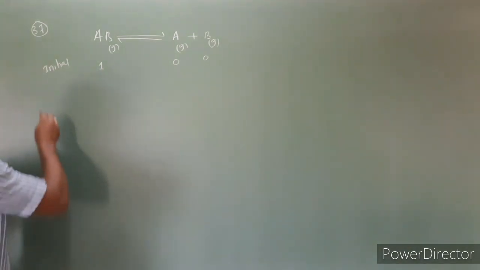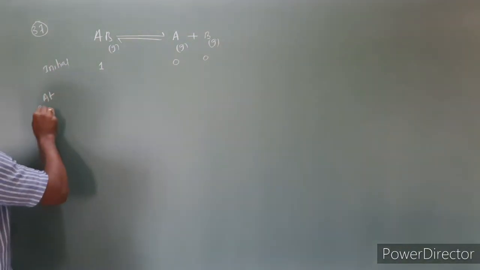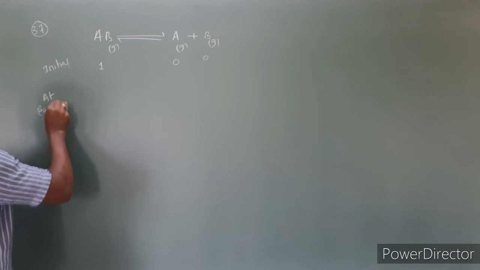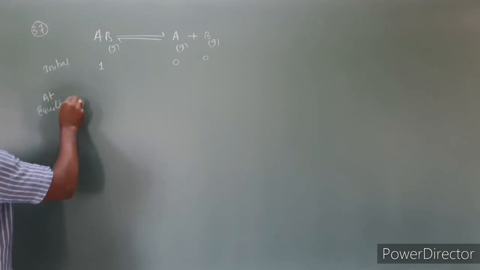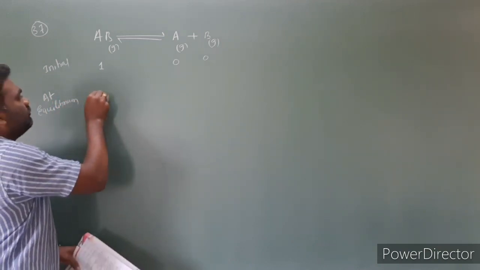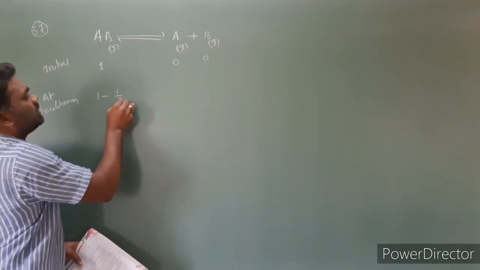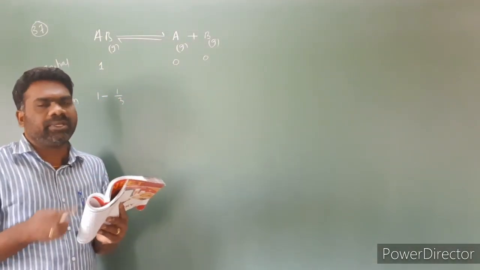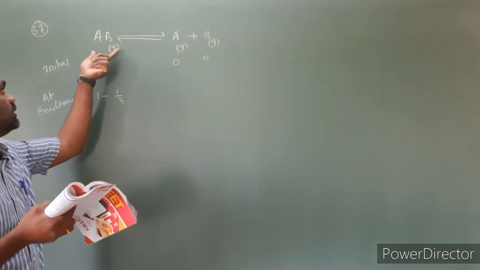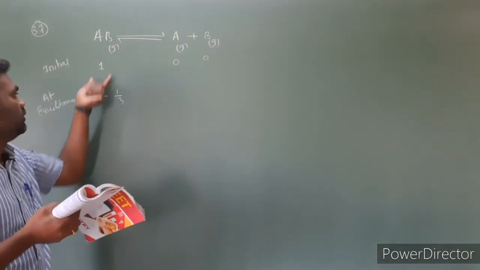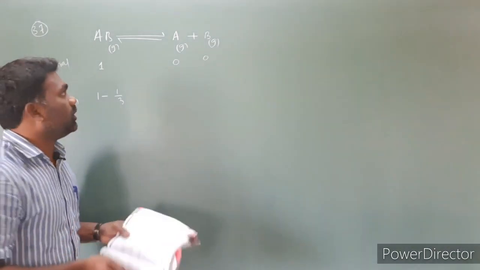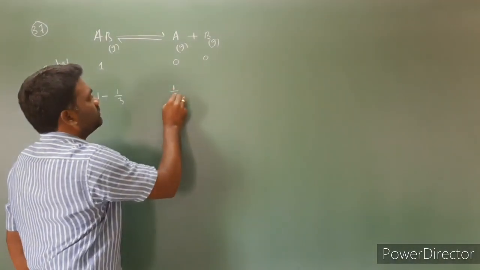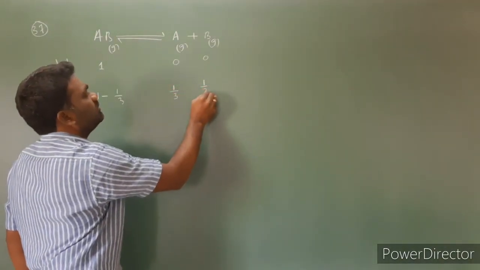Next, at equilibrium, AB will be 1 minus 1 by 3. Look at the statement: the pressure at which 1/3 of AB is dissociated. So 1/3 of AB dissociated leads to the formation of A and B, so A is 1 by 3 and B also is 1 by 3.